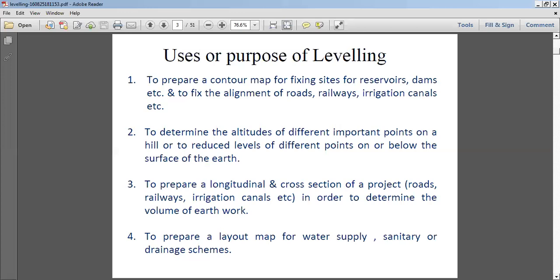Next is to prepare a longitudinal and cross section of the projects. As we earlier discussed about the road, when you are going to construct a road, railways, or irrigation canals, these are generally in a longitudinal section. These projects are large in length. So for this purpose, we need to prepare a topographical map to determine the volume of earthwork or any construction activity related to that project.